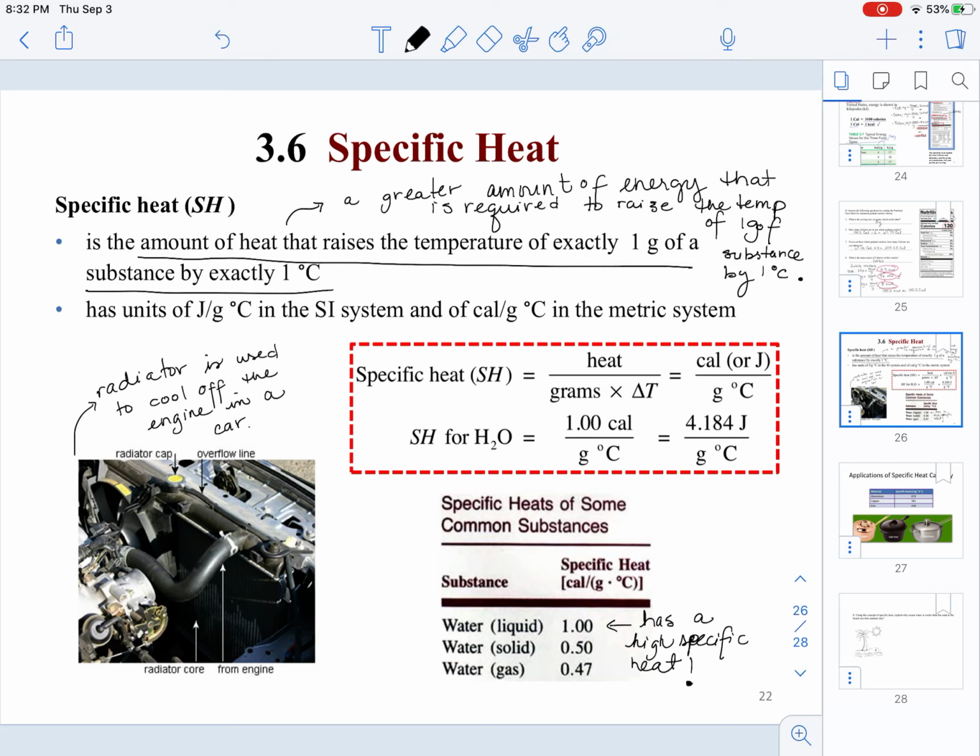So if you're going to put something in your radiator, you would prefer things that have a higher specific heat. In this example, water will work.